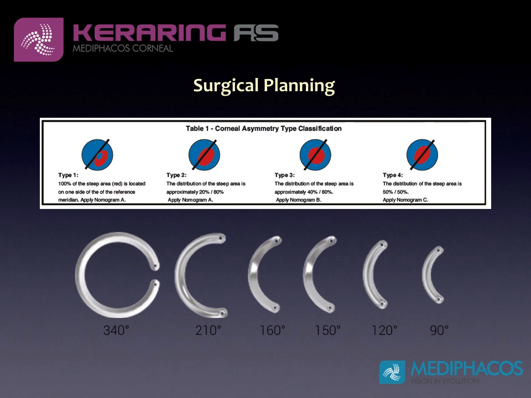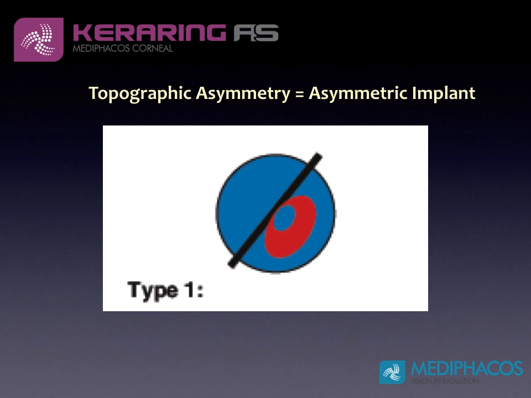For example, this is a type 1 case in which 100% of the ectatic area is located on one side of the reference meridian. According to the Keraring nomogram, in cases like this, the treatment would be based on either just one inferior temporal ring segment, normally of 160 degrees arc length, and in select cases of very high astigmatism, there's a possibility for a second segment on the opposite side, but with less arc and thickness, so as to assist in the correction of high cylinder.